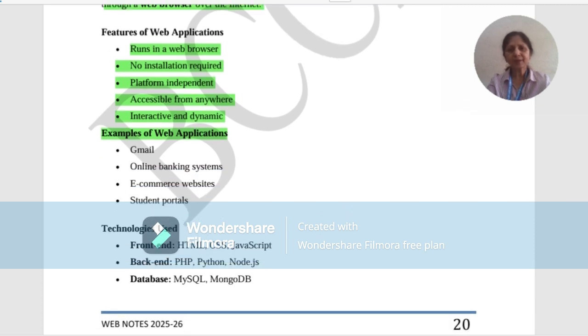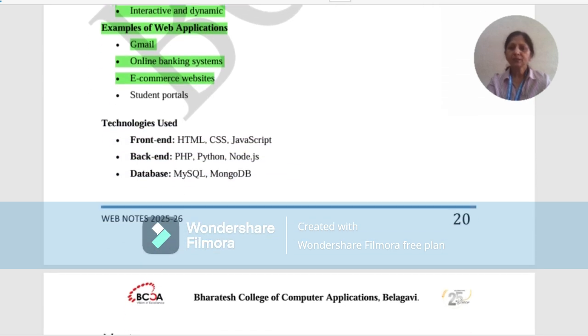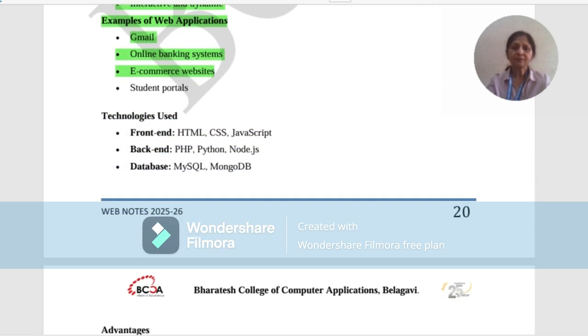Examples of such web applications are Gmail, online banking systems, e-commerce websites, student portal. The technologies used are front-end: HTML, CSS, JavaScript; back-end: server-side scripting languages, PHP, Python, Node.js; databases, MySQL, MongoDB.